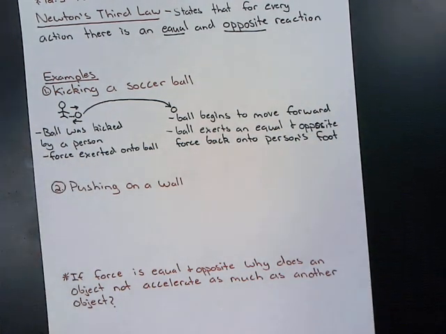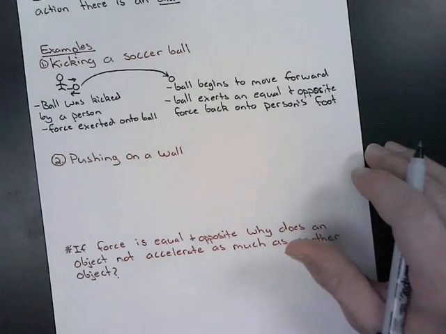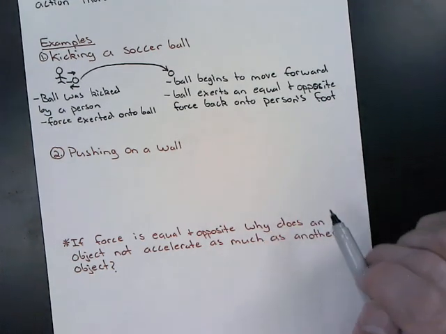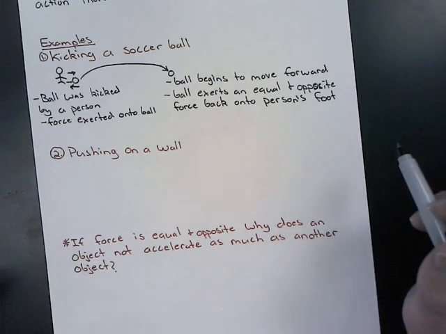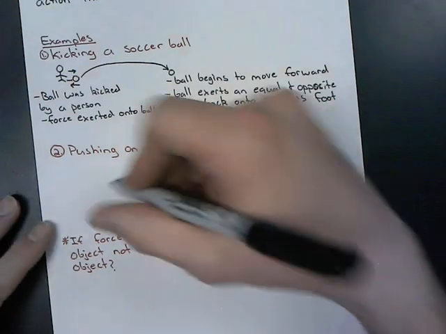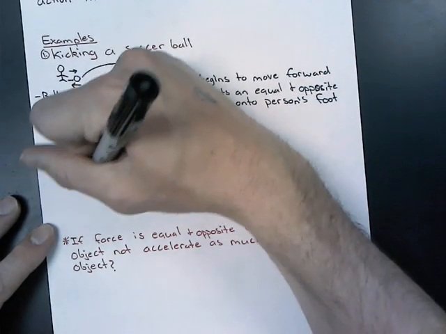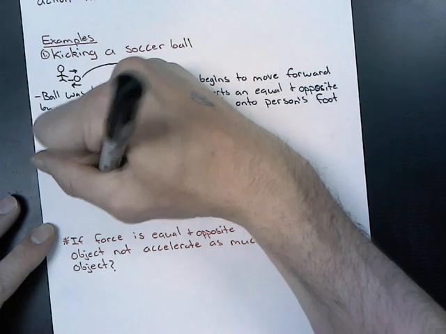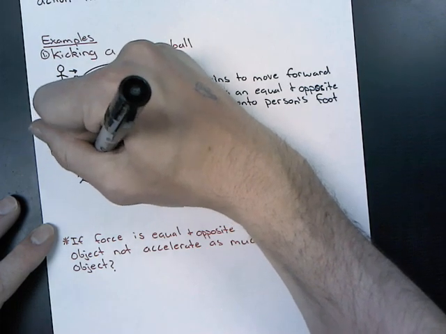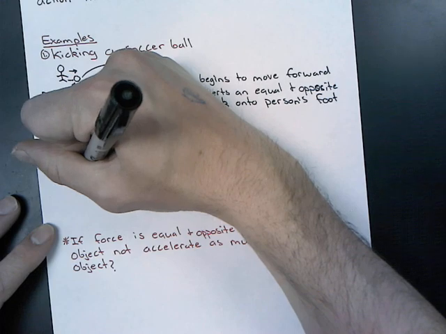We'll get into the details about how the ball moves forward in a second. But let's move to another concrete example: somebody pushing up against a brick wall. Let's say we have yet another person, and we have this wall, and I'm going to draw an arrow.